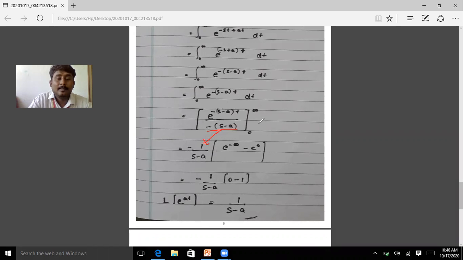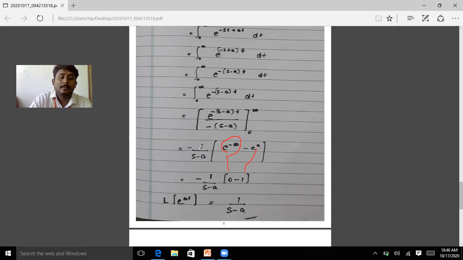We will apply here the upper limit and the lower limit. Okay, the upper limit is infinity and the lower limit is 0. Okay, as in the last problem, we know that e to the power minus infinity becomes 0, and e to the power 0 is 1.